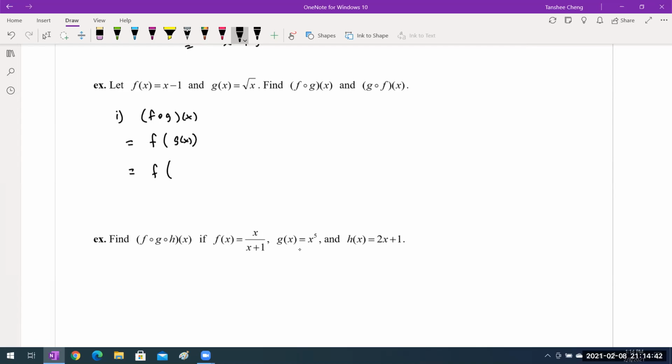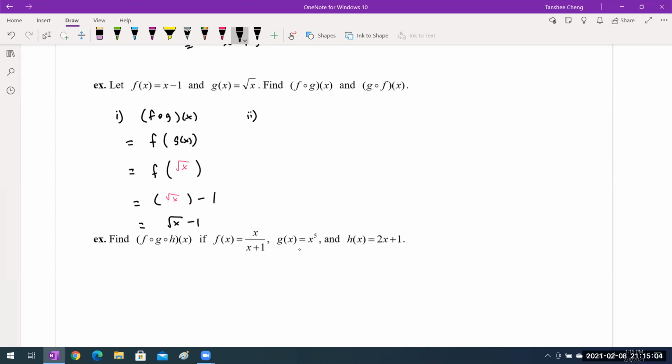In this case, g of x is the square root of x. So therefore, input minus 1, my input in this case is the square root of x. Cannot simplify any further, so that will be the square root of x, minus 1.